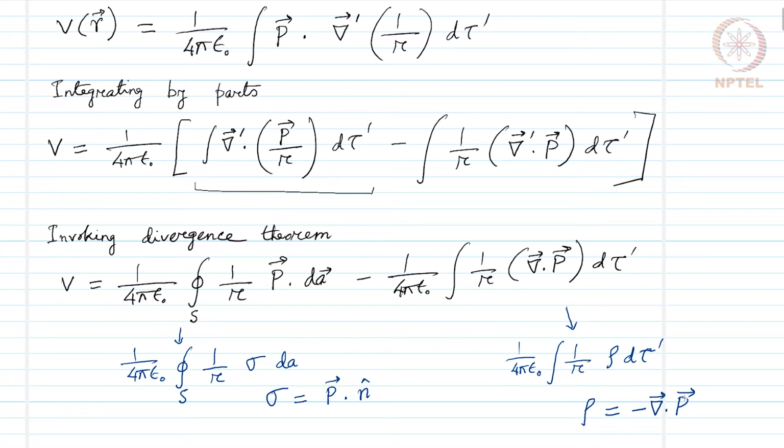Because these are not real charges, not external charges, but something that behaves like charge due to the polarization and cannot come out of this material, we call them bound charges. This is sigma b, this is rho b.